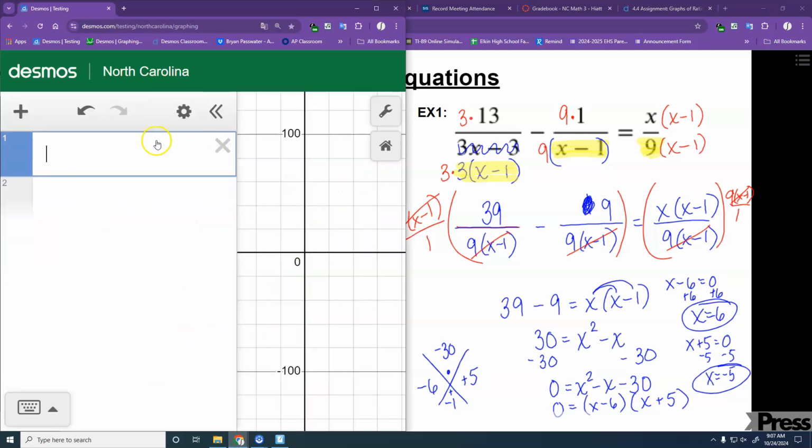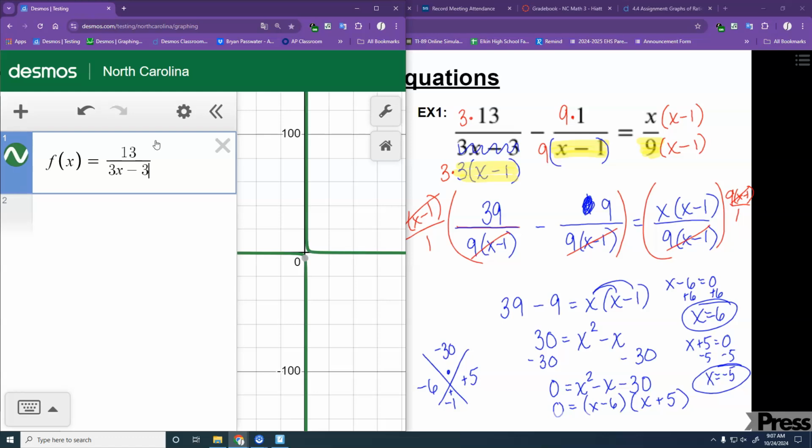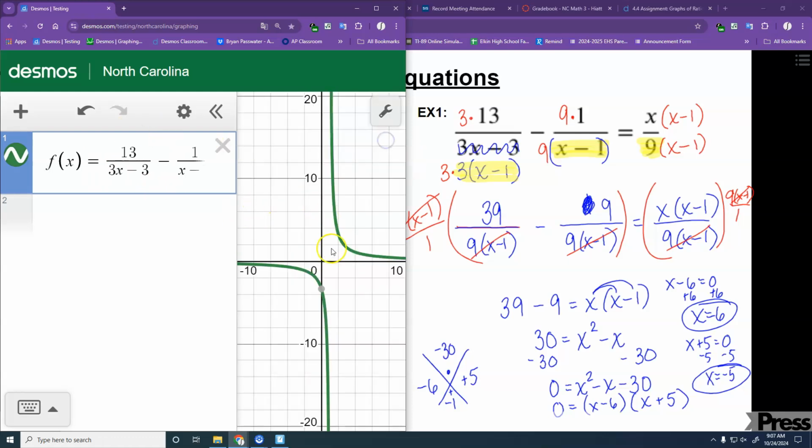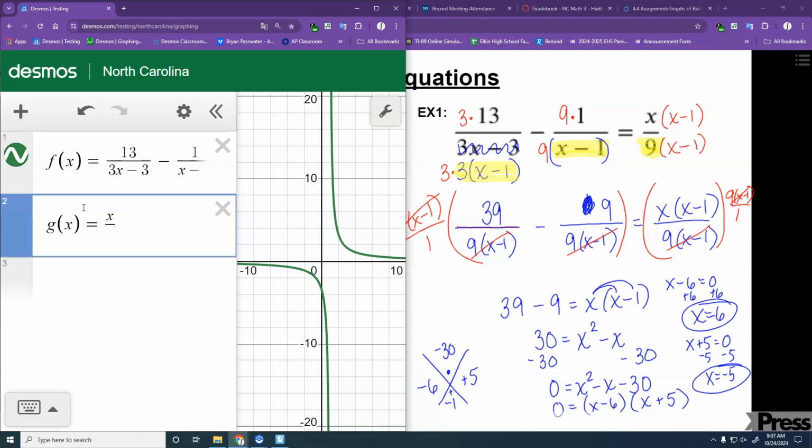If I want to solve an equation with Desmos, I do f of x equals, and I type in the left side of the equation, right? So 13 over 3x minus 3 minus 1 over x minus 1. Okay, and then I will type in g of x equals, and I'll do the right side, x over 9. And then I'm looking for where they cross.